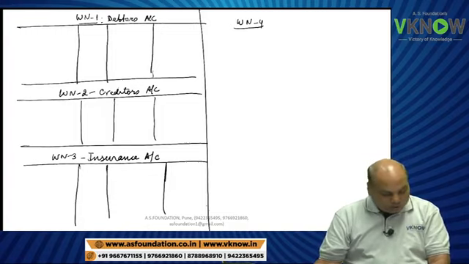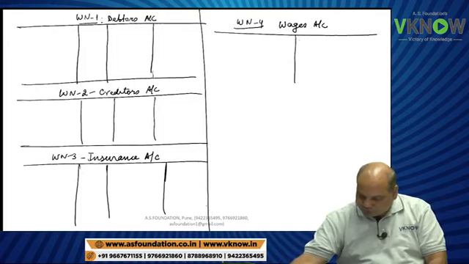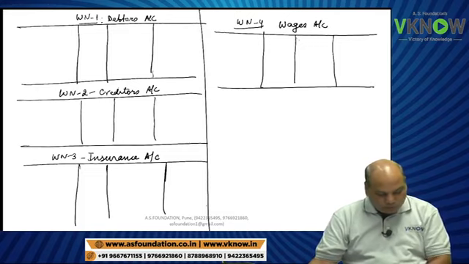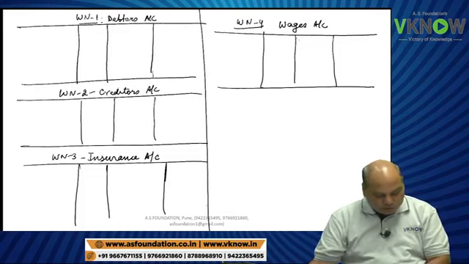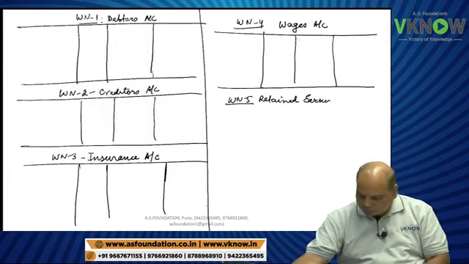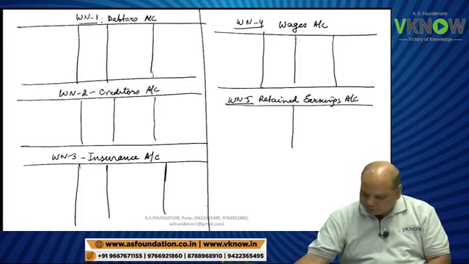Working note 4, there is a wages payable in the question, so I will write wages account, 6 lines. And one last account you write, retained earnings account, about 6 lines.